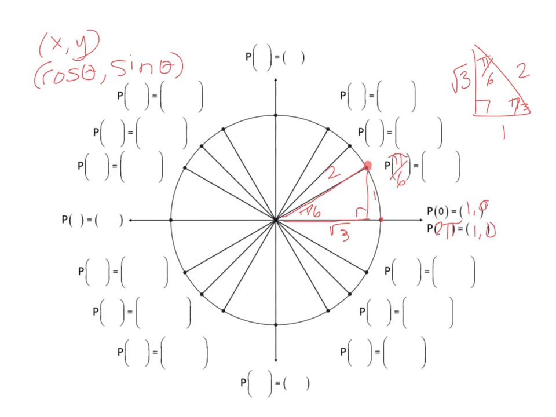So to find the cosine of pi over 6, how do we find cosine? Adjacent over hypotenuse. So look at where the pi over 6 is. Here. The adjacent side is root 3. The hypotenuse is 2. That means that the point is at root 3 over 2.